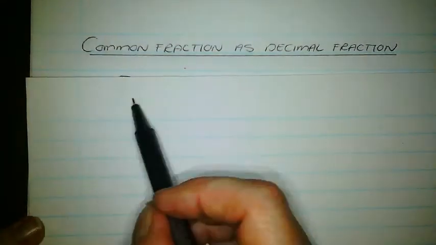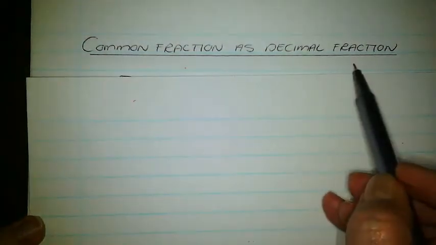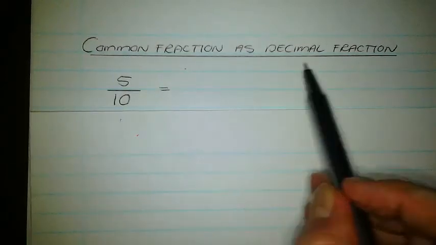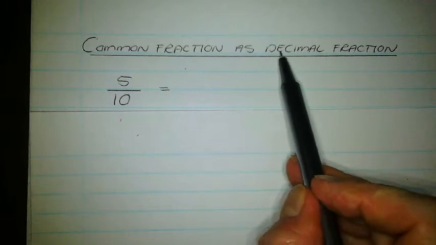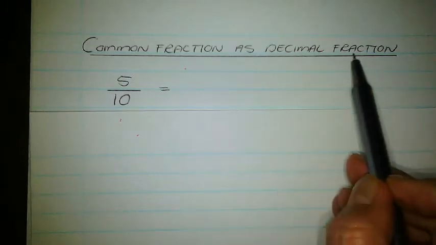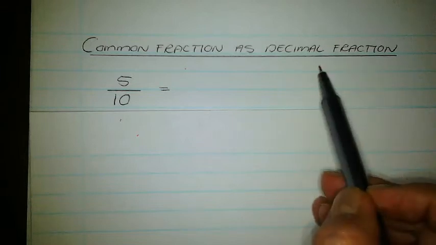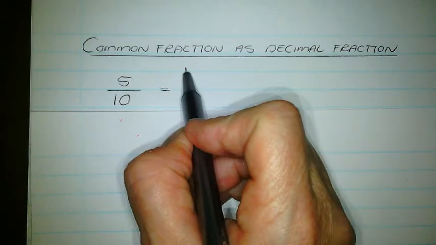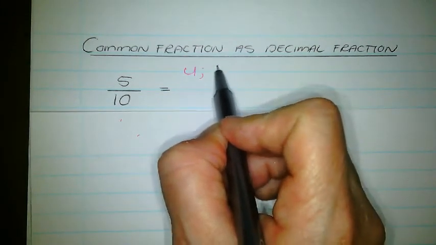When we write a common fraction as a decimal fraction, we are going to look at the denominators, and also what I said earlier: when you see the words decimal fraction, you must know that you are going to use your place values. Your denominator is going to tell you what place value you are going to write.